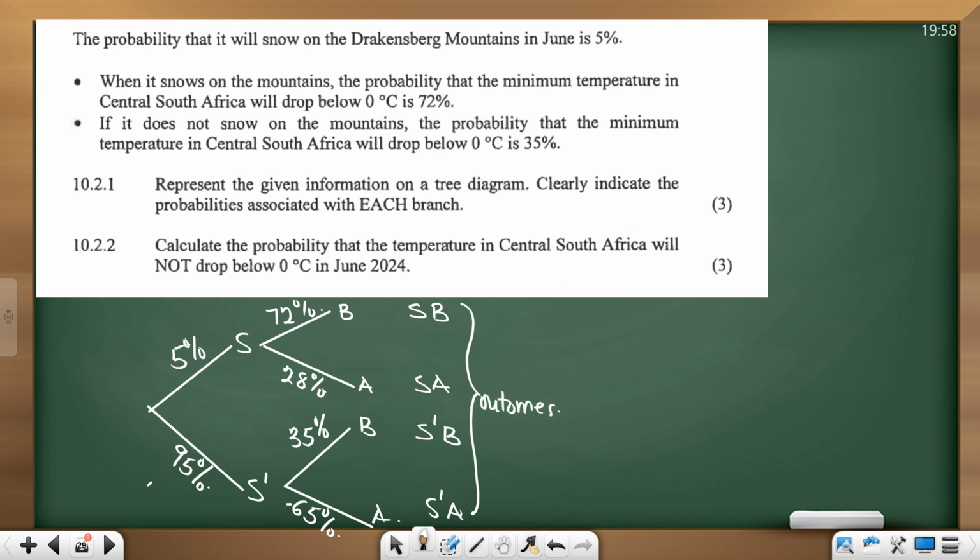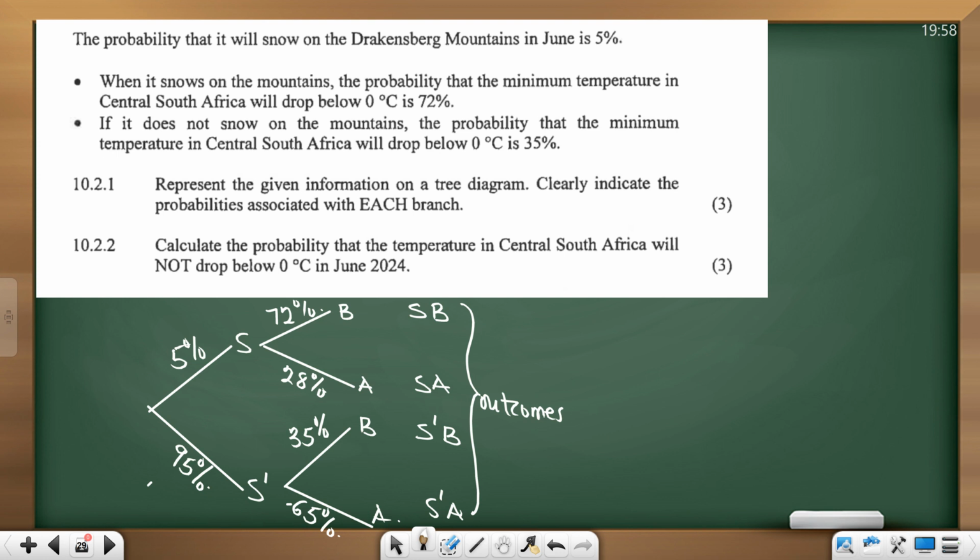The examiner says, present the given information in a tree diagram, clearly indicating the probabilities, which is what we have done. Now, calculate the probability that it will not drop below zero.